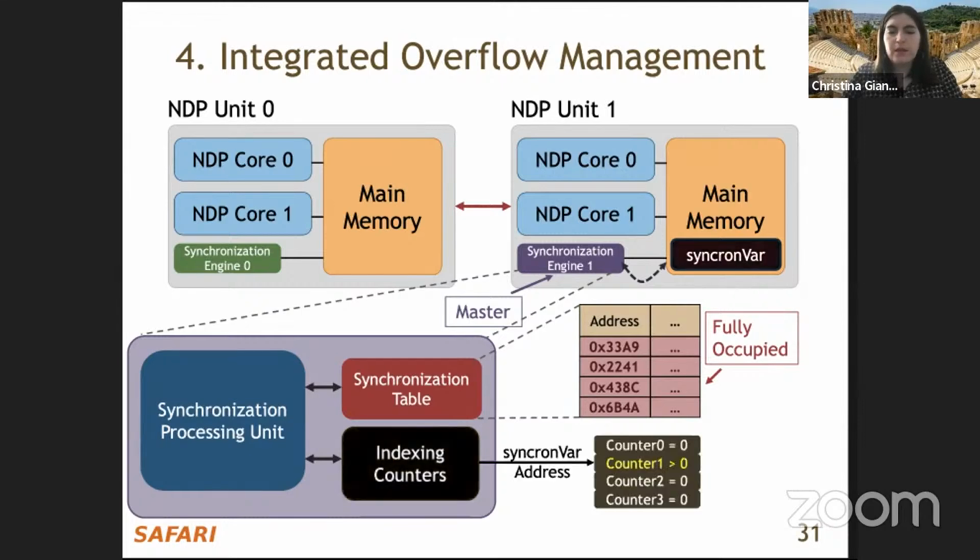We include inside the synchronization engine a set of counters, called indexing counters, indexed by the address of a synchronization variable to indicate if a specific variable is served using main memory or using the synchronization table. If the corresponding counter is larger than 0, it means that the synchronization variable is serviced using main memory because the synchronization table has overflowed.